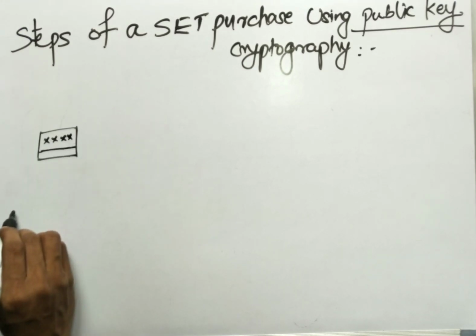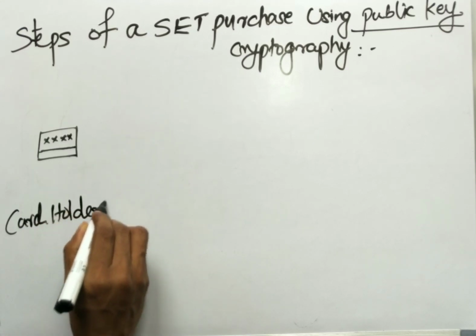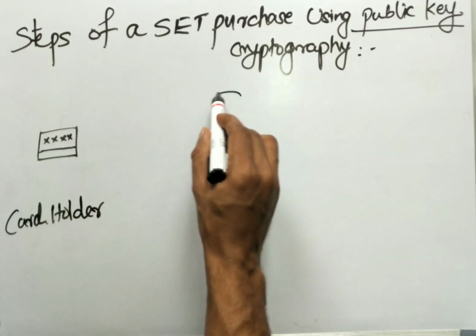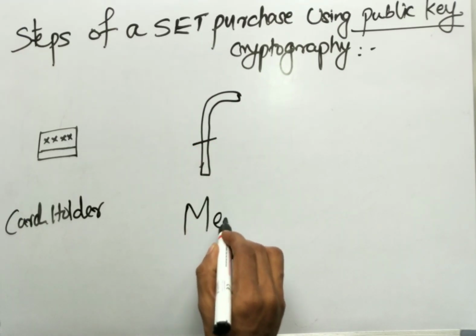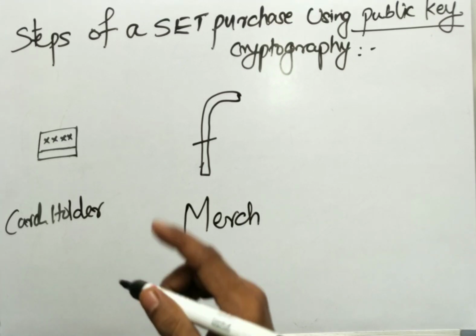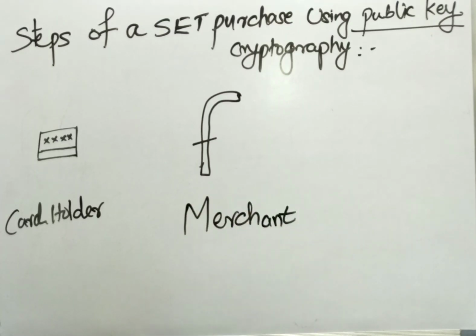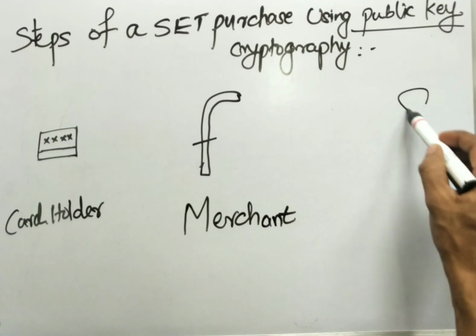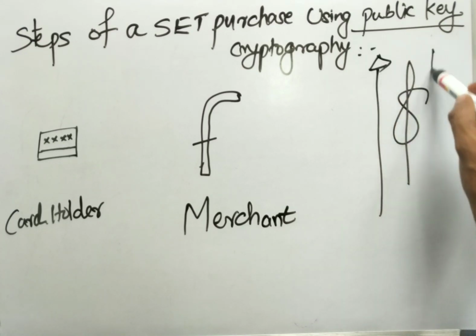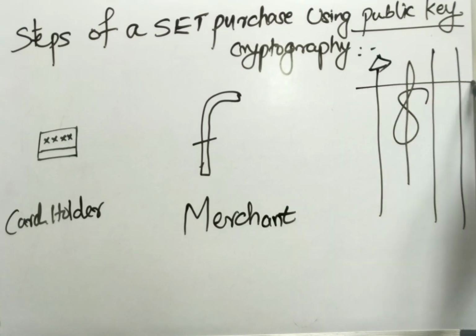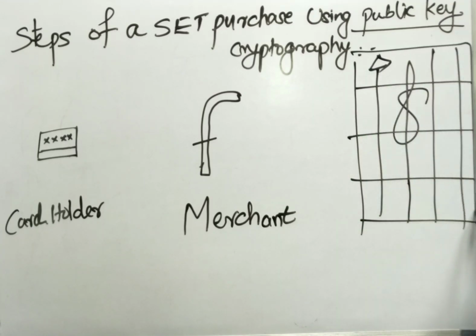The role player here is the card holder. Now suppose here we have a merchant. I am representing F for Flipkart. Then the merchant will be there, and the payment gateway. This is the gate.